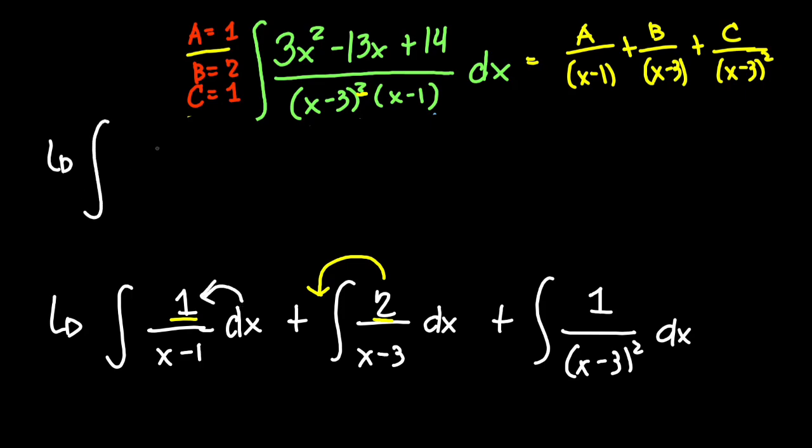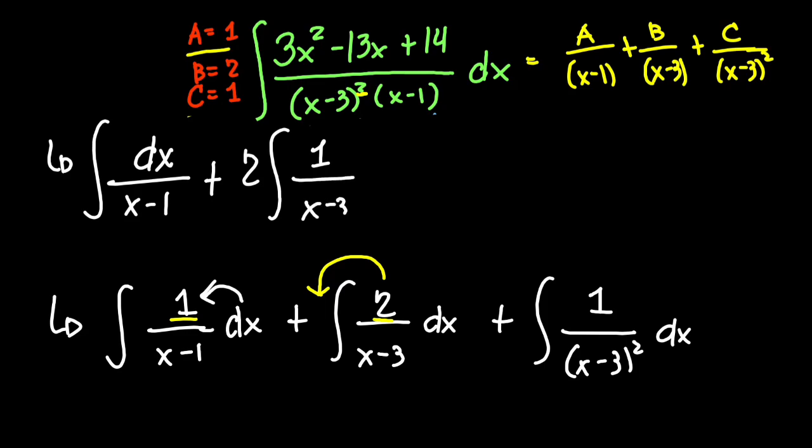So this would be the integral of dx over x minus 1 plus, since you already put 2 here, this would be 2 integral of 1 over x minus 3 of dx. So you can actually multiply dx here again, which leaves you with dx over x minus 3 plus the integral of dx over x minus 3 squared.